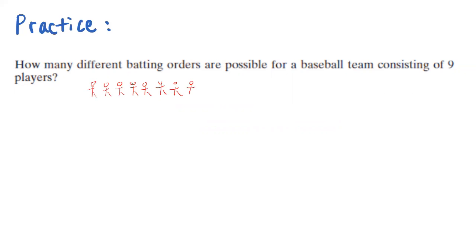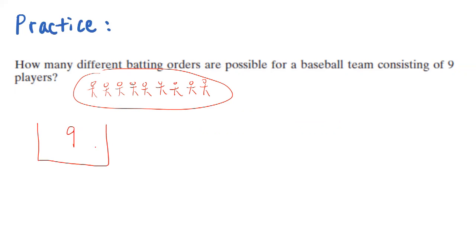And we want to arrange their orders. How many orders can you arrange them? Okay, this is equivalent to there are 9 different elements, and we pick 9 elements out of the container and line them up. How many ways can we do this?